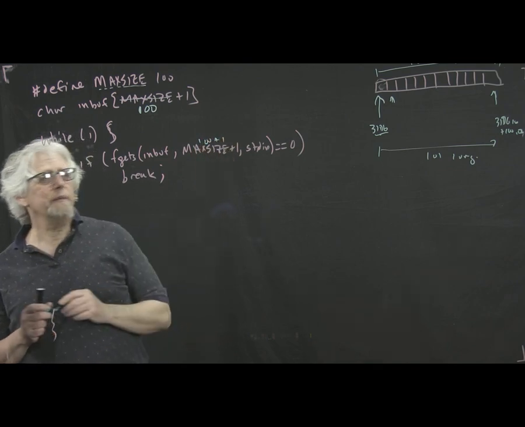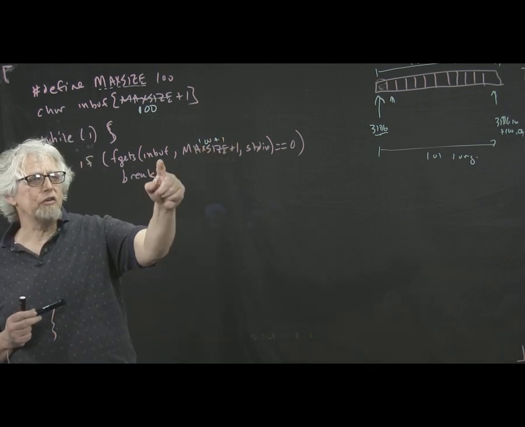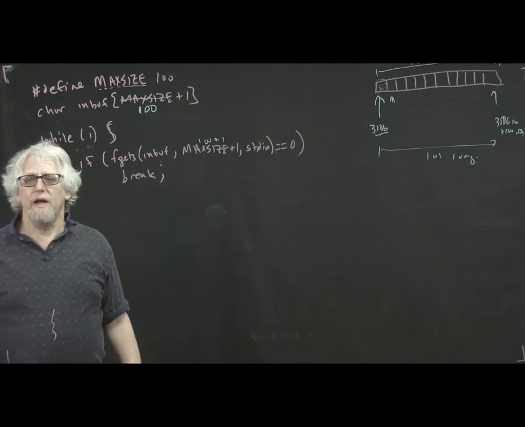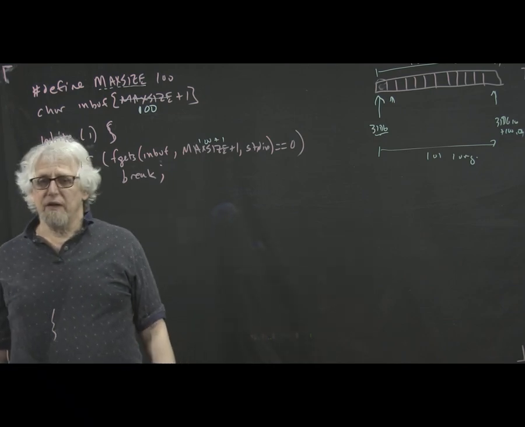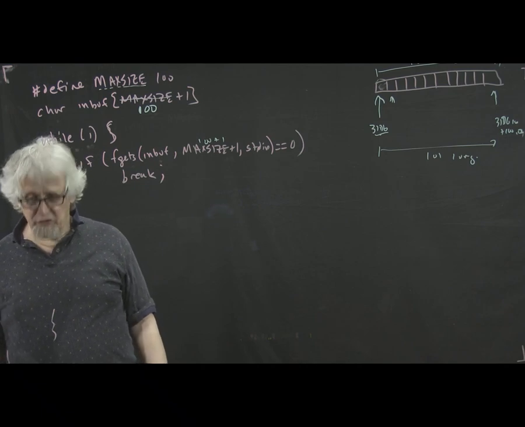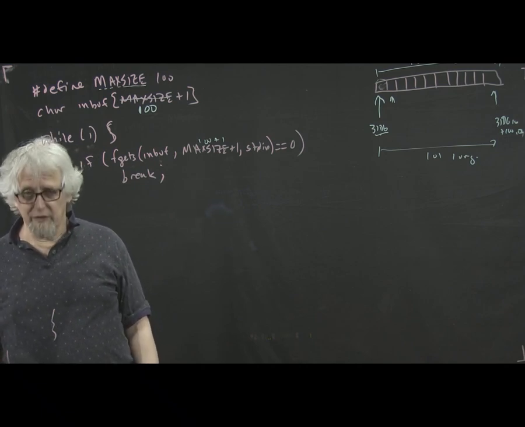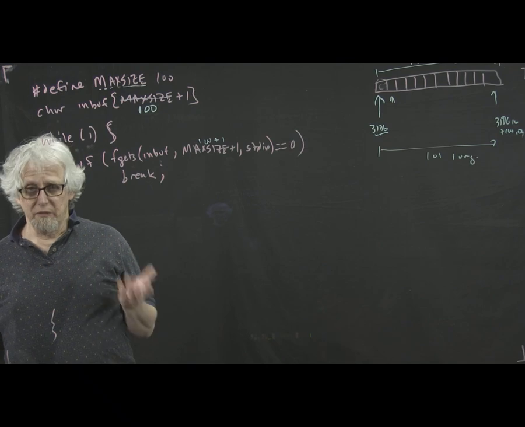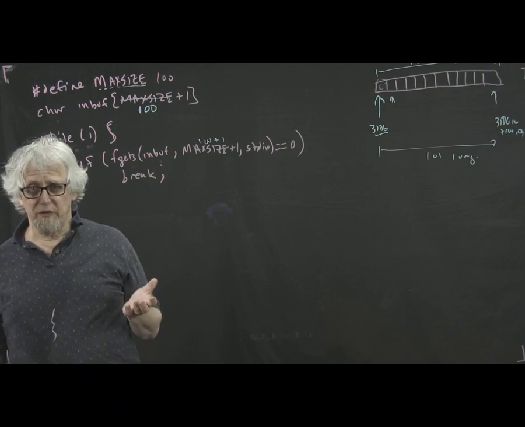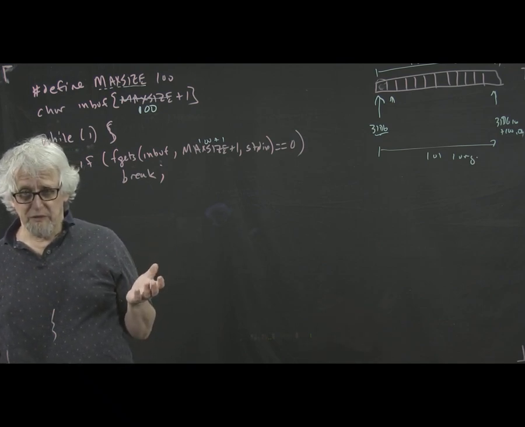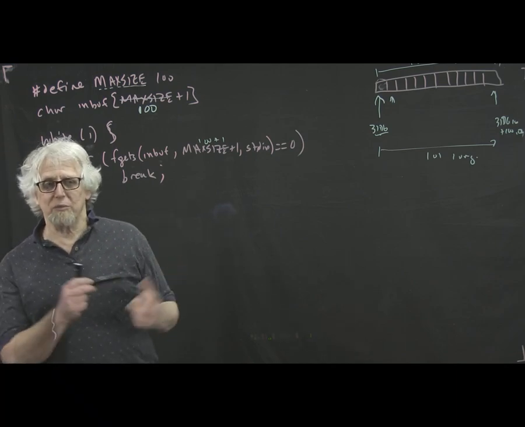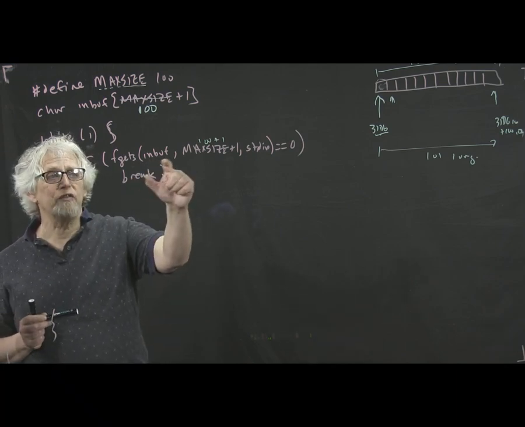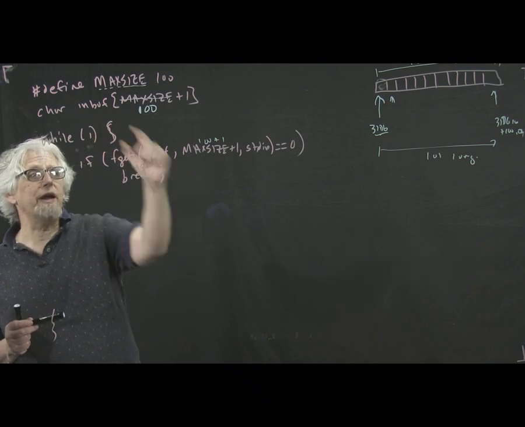Okay? And then we have inbuff over here. And you will recall that we don't actually pass arrays to subroutines in C. There's no such thing as passing an array to a subroutine. And here I have just the name of the array.